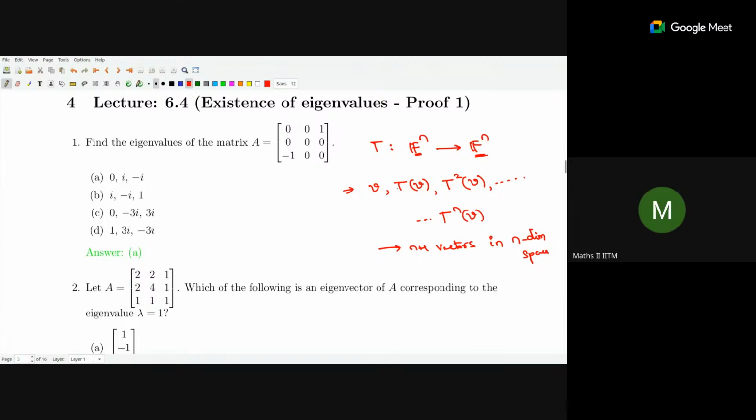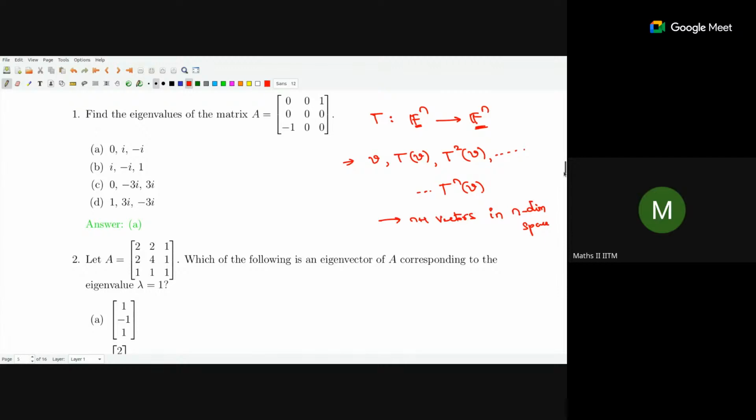What we know is that if we have more vectors than the dimension, then definitely they will be linearly dependent. If they are linearly dependent, then what's the condition I know? Its linear combination will be equal to 0 for non-zero coefficients. So you write it down: an T^n v and an-1 T^(n-1) v and so on.